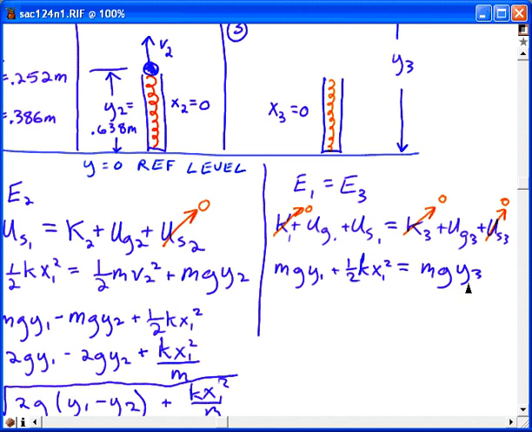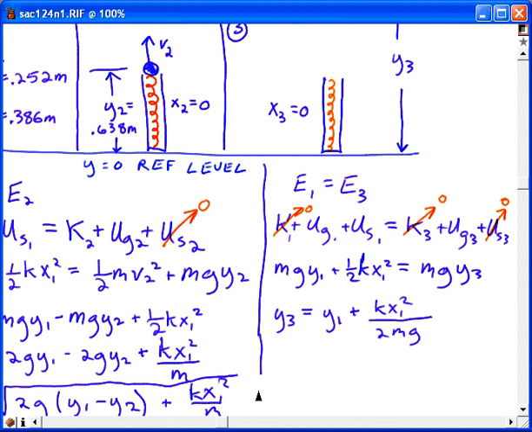I think I'll divide both sides by mg and switch sides at the same time. So I'm left with y3, originally on the right, now writing that on the left. And then this term divided by mg just leaves the y1. And this term divided by mg leaves, I'll write it as kx1 squared over 2mg.